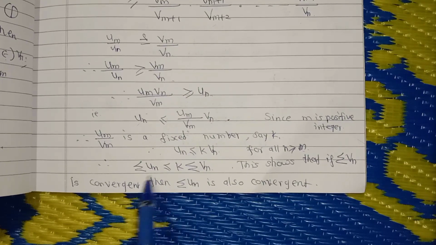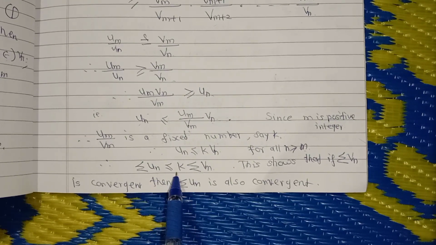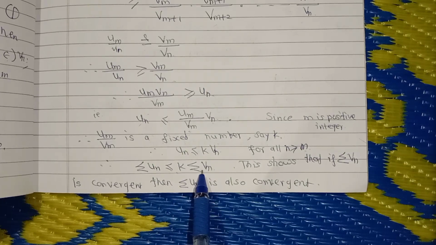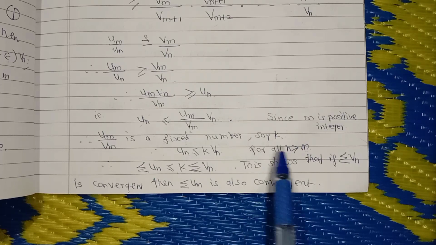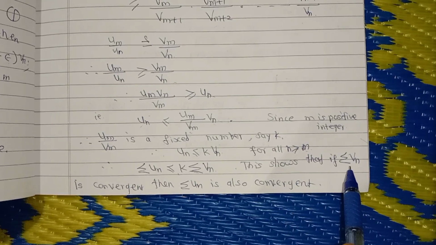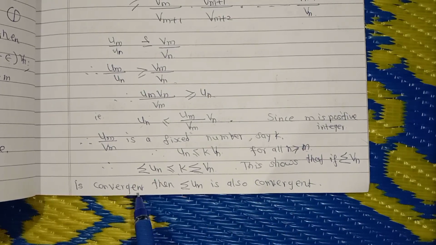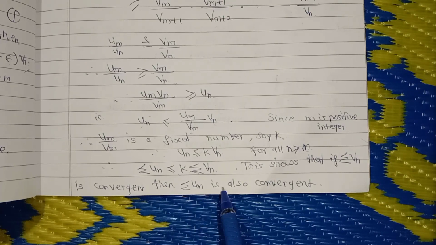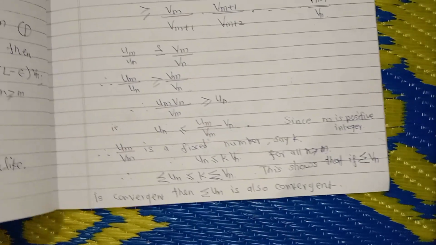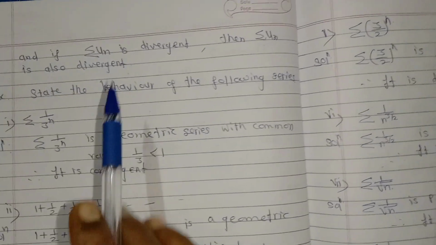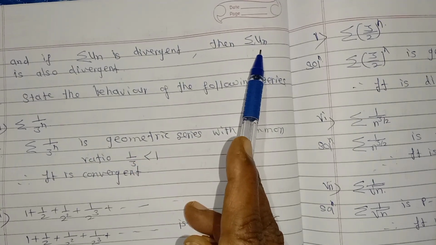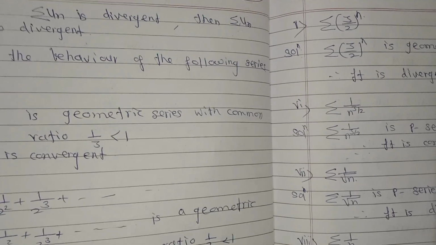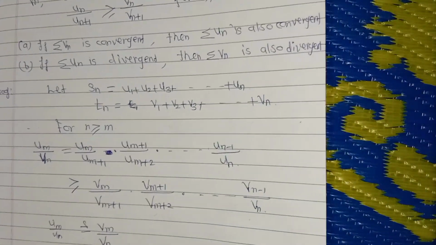Hence, summation un is less than or equal to k times summation vn. This shows that if summation vn is convergent, then summation un is also convergent. And if summation un is divergent, then summation of vn is also divergent.